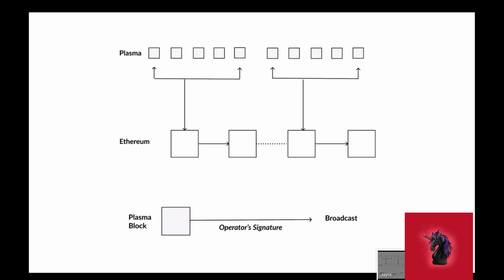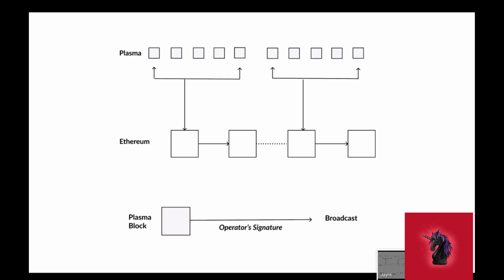And after, let's say, 1,000 Plasma blocks are completed, it pushes the hash of the Plasma blocks on the Ethereum contract as commitments, right? So what we achieve is partial confirmation of 1 second or 5 seconds, and finality of, let's say, with a 14 second Ethereum block time, 1 or 2 minutes of finality over the transaction.